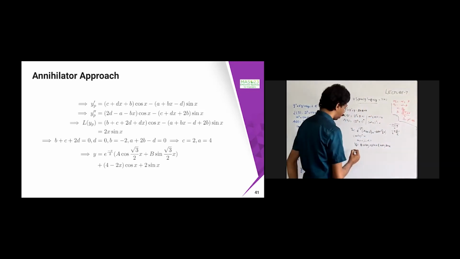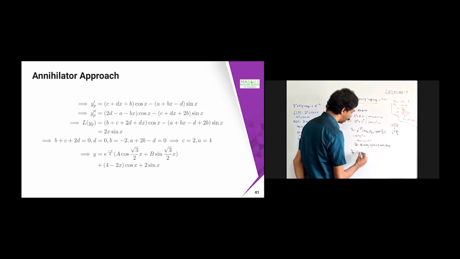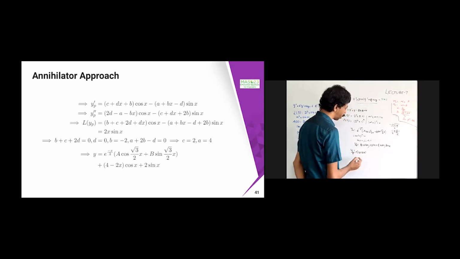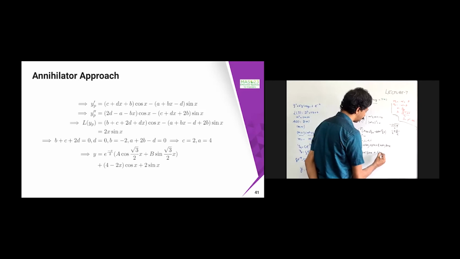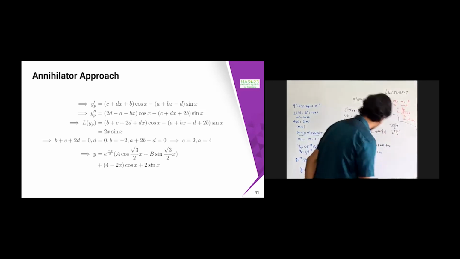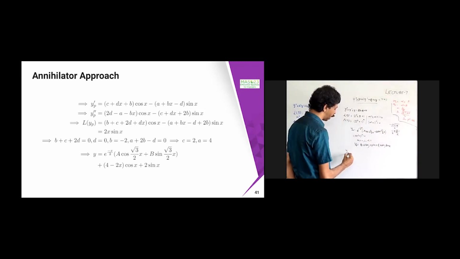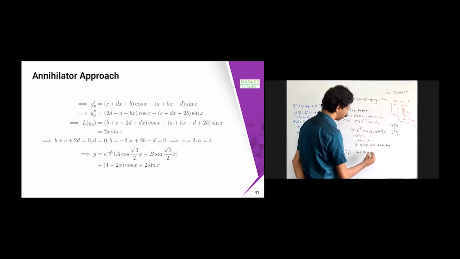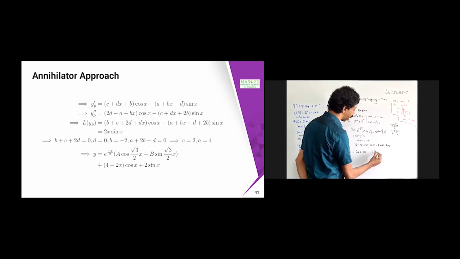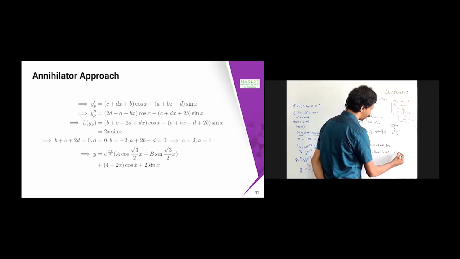So I have two things. yp dash is going to become minus a plus bx into sin x, plus c plus dx into cos x, and I have to differentiate the a plus bx and c plus dx also.